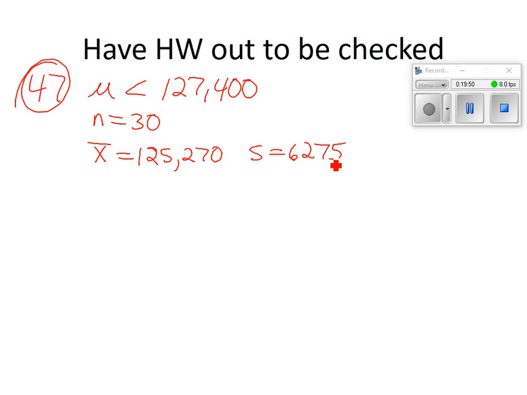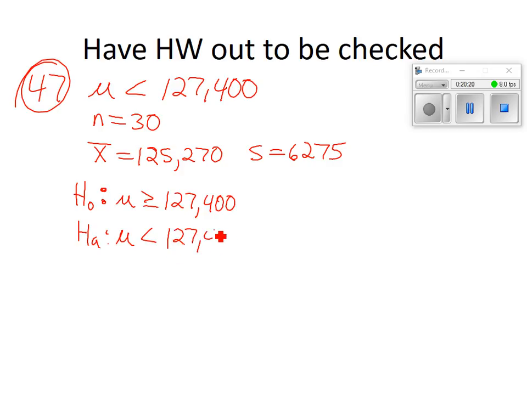You conduct a statistical experiment where H0, so this time they're telling us the H0. H0 is mu equals 127,400. And HA is mu is less than 127,400.